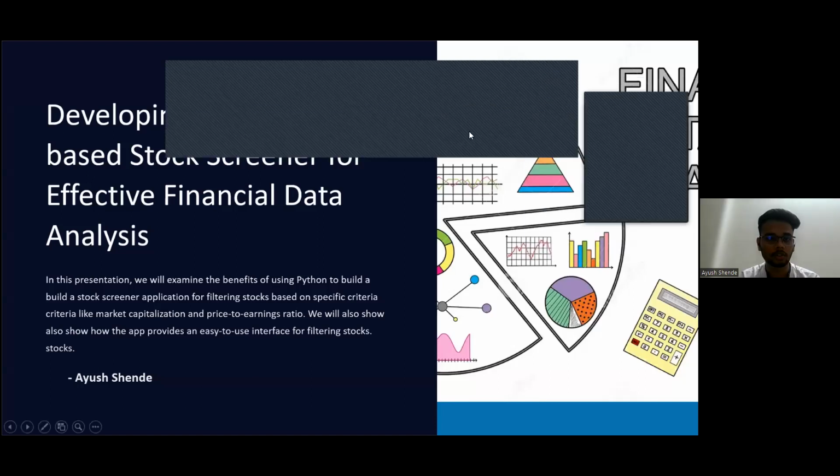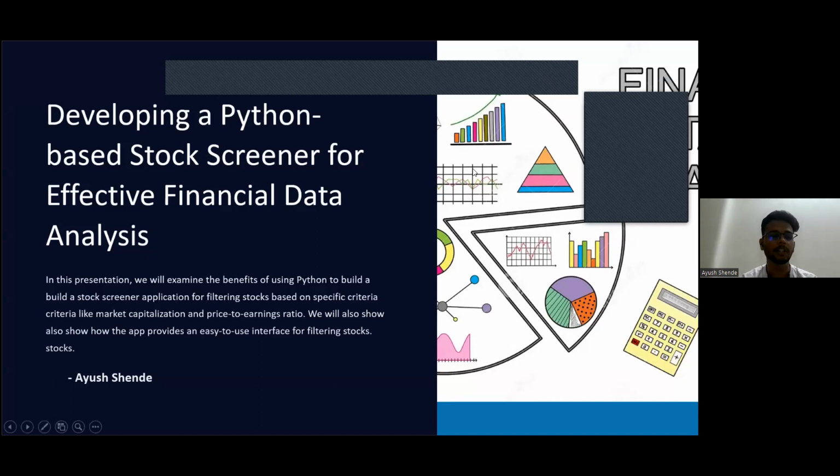Okay. So today's topic of presentation is developing a Python-based stock screener for effective financial data analysis. In this presentation, we will be examining the benefits of using Python to build a stock screener application for basically filtering the stock based on specific criteria.